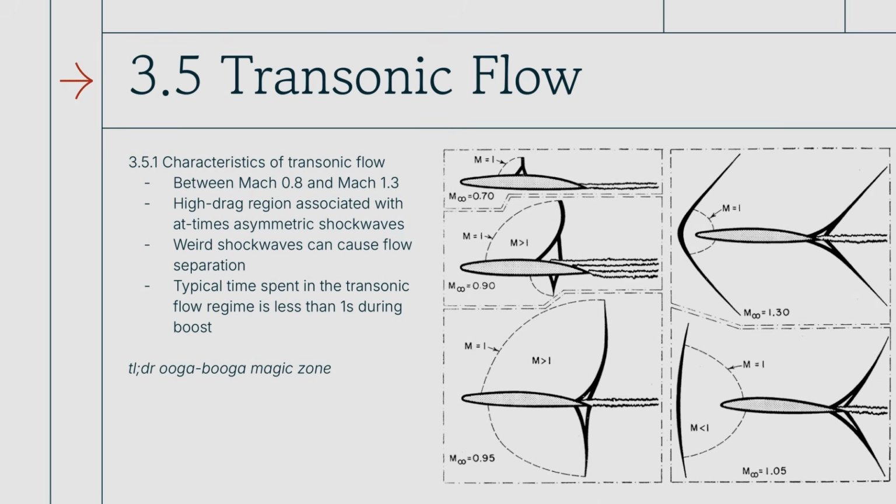Remember how I said that an airfoil accelerates the flow on the top surface relative to the bottom surface. So when you get close to Mach 1, the flow can accelerate past Mach 1 on the top surface, and it can still be subsonic on the bottom surface. So you get a shock wave forming only on one side of the airfoil.